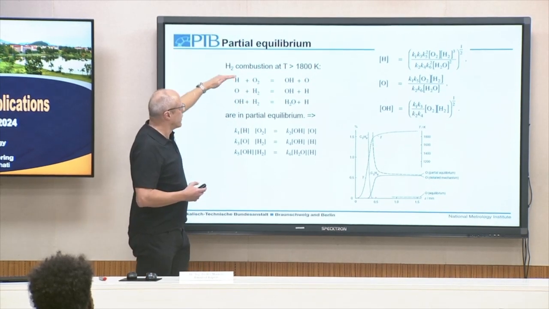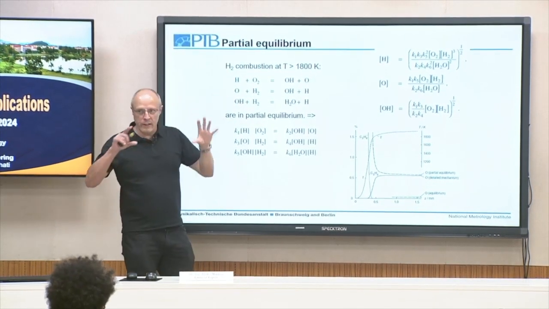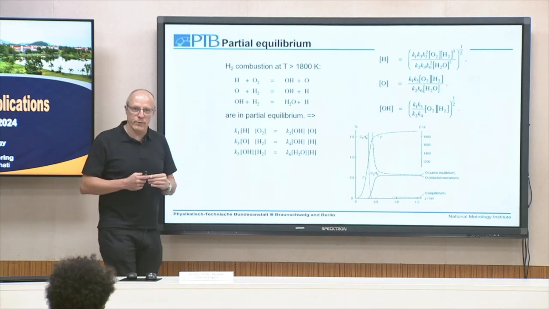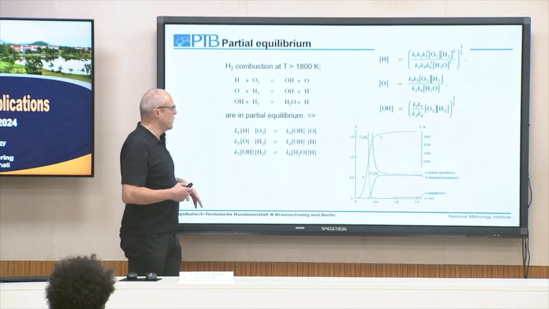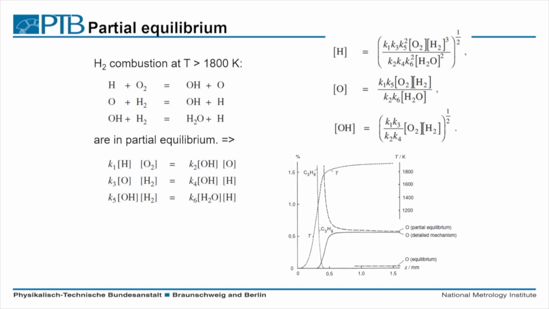So these three of the whole set of reactions we have are in equilibrium. So then, okay, we know that the reaction rate of the forward reaction times the concentration of these two species is equal to the reaction rate of the backward reaction times the concentration of these two species.